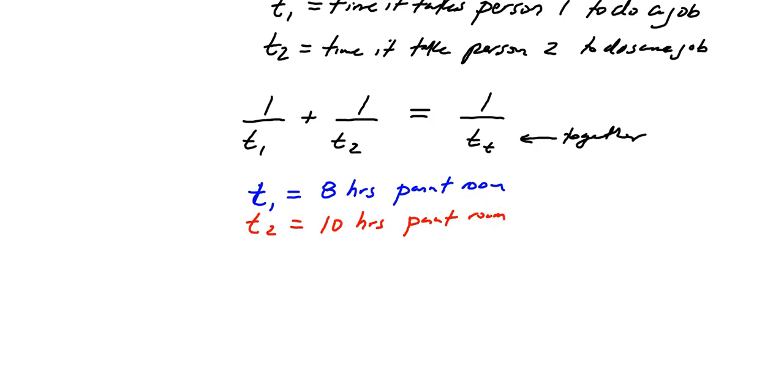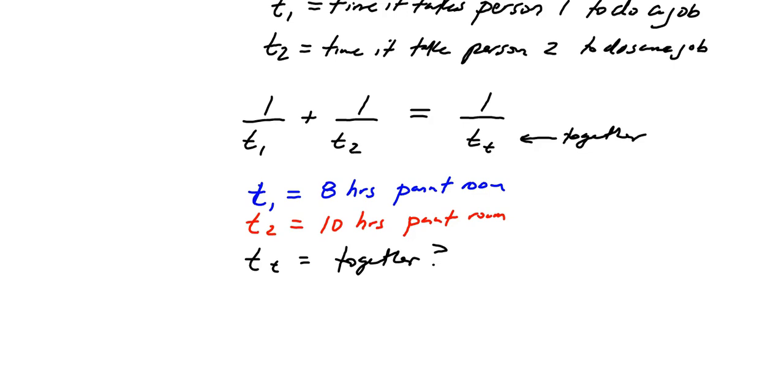The question is going to be, T sub T, how long is it going to be together? We can fill in these numbers and solve this problem. It should be faster. If one person by themselves takes 8 and the other by themselves takes 10, what if they're both working at the same time together?